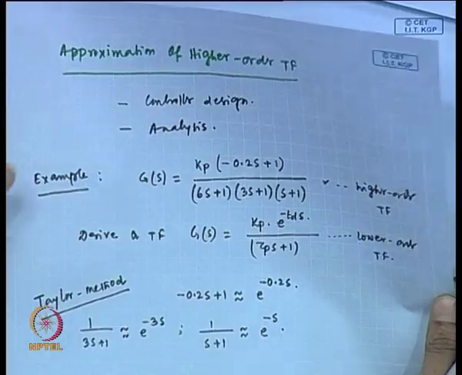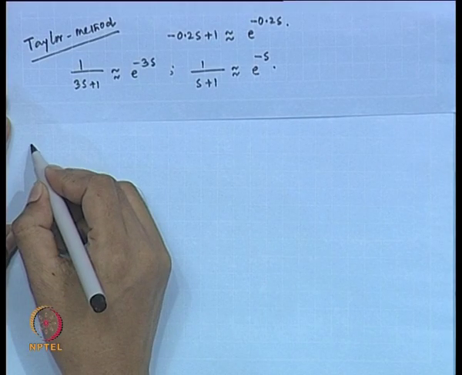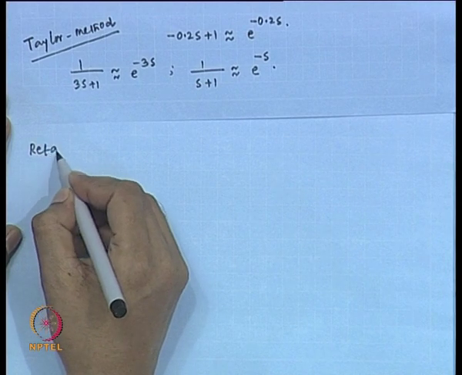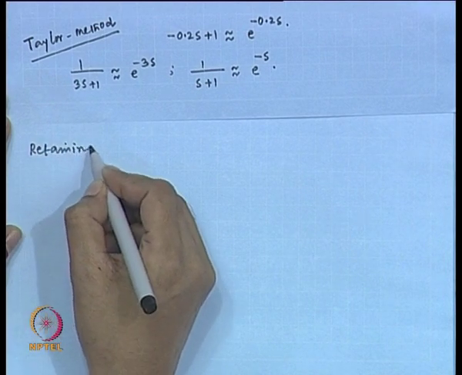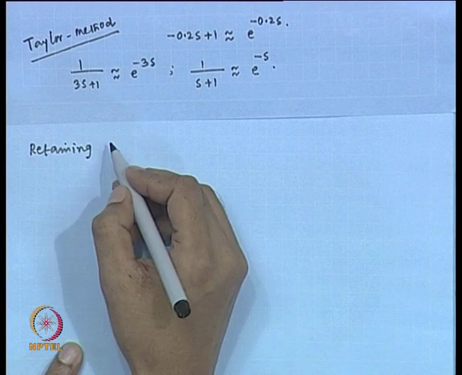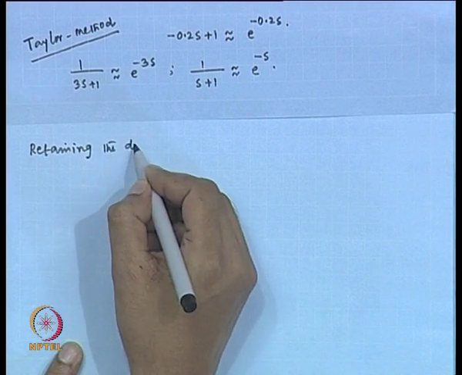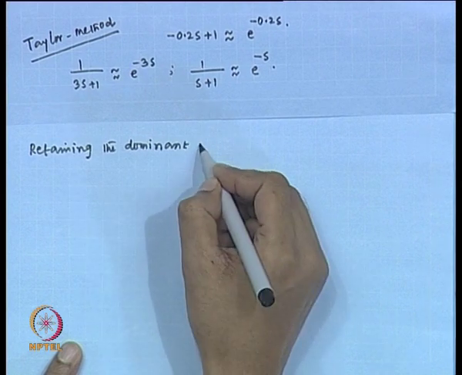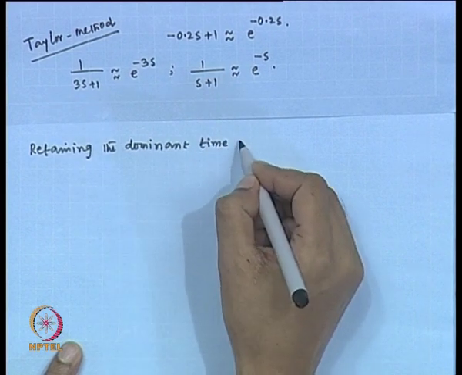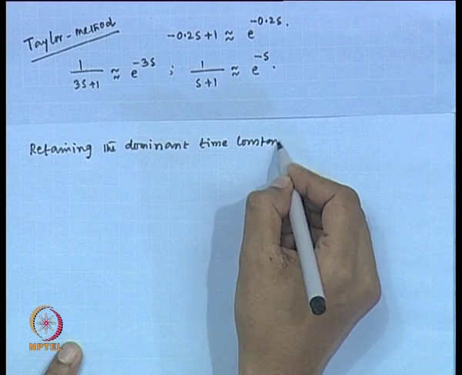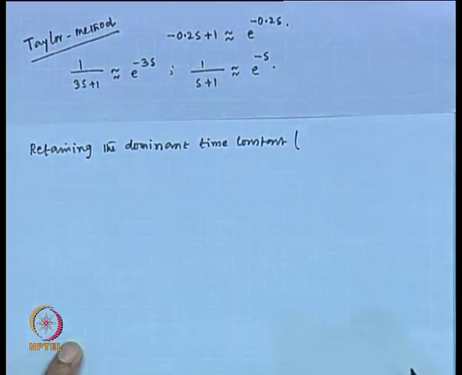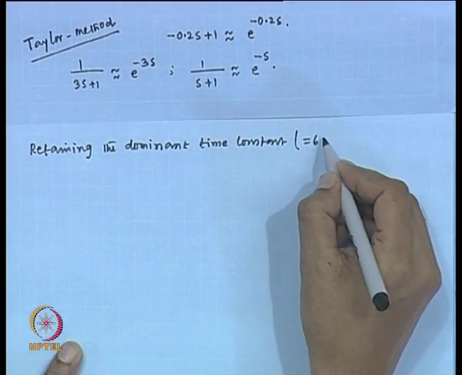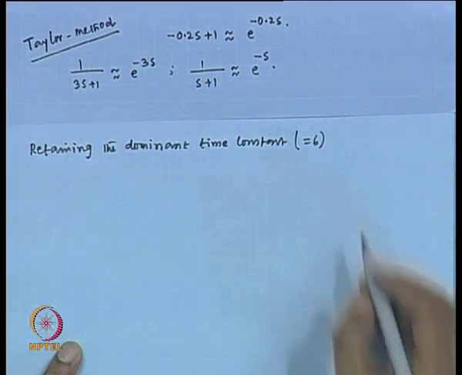Now, retaining the dominant time constant. What is that? That is equal to 6.